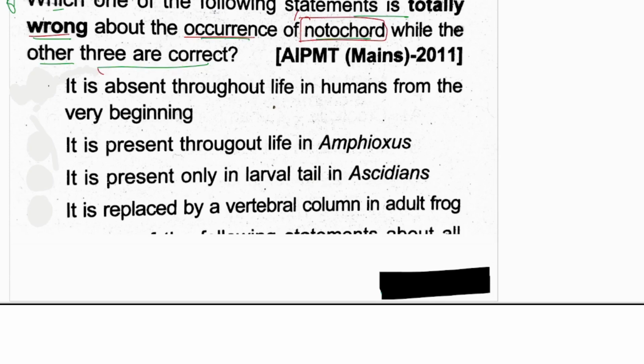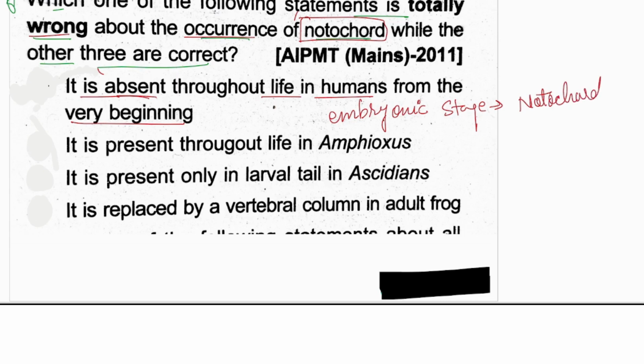Okay, so here it says it is absent throughout the life in the human from the very beginning. Absolutely incorrect. We have seen from the very beginning, at the embryonic stage, it is present in the form of a notochord, then in the adult stage it has been changed, right? In the adult stage it has been converted into the vertebral column, right? So that is what they are asking. We can go through with this one.